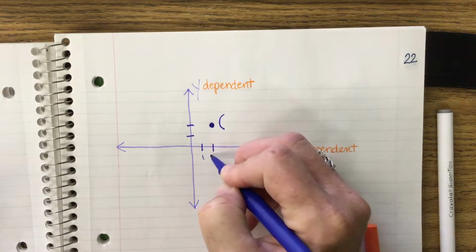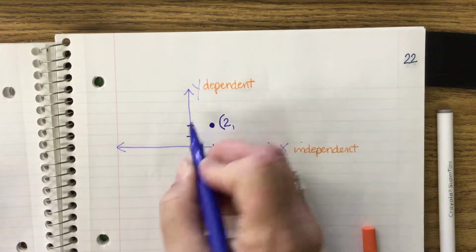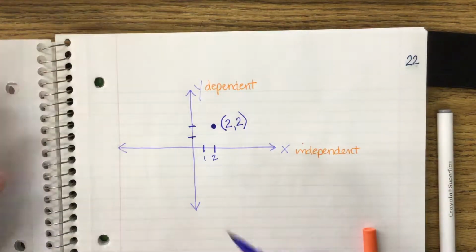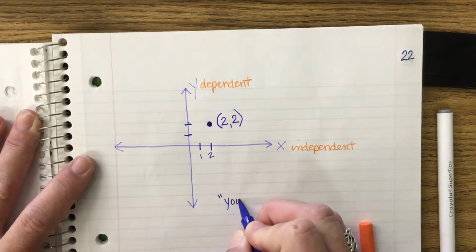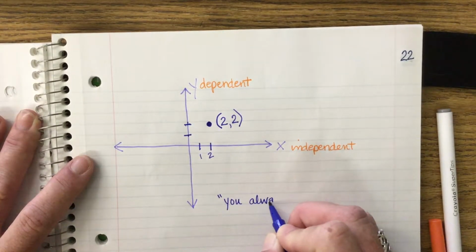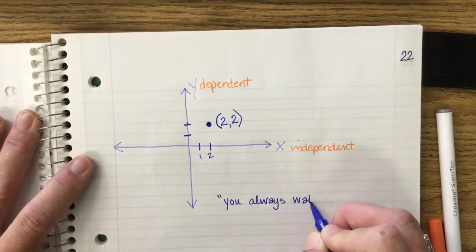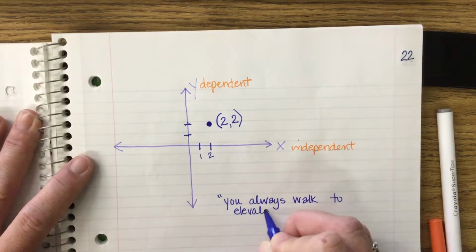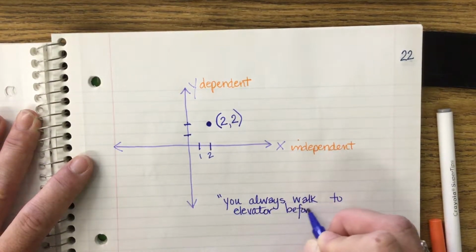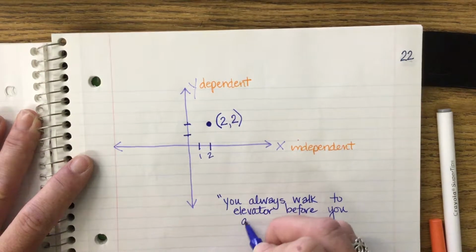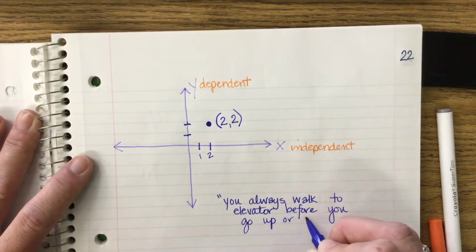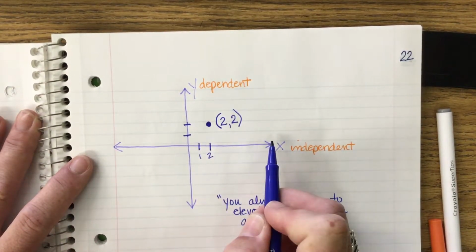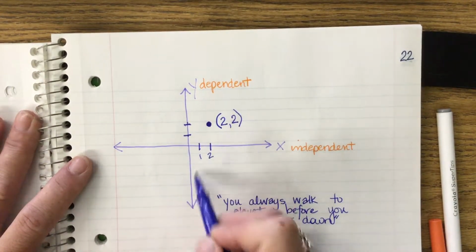So if this is 1, 2, and your y, 1, 2, you always walk to the elevator before you go up or down. In other words, you have to go back and forth on your x-axis, left or right, before you can go up or down.